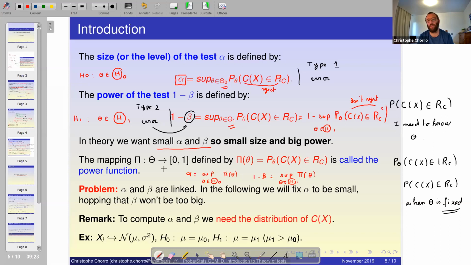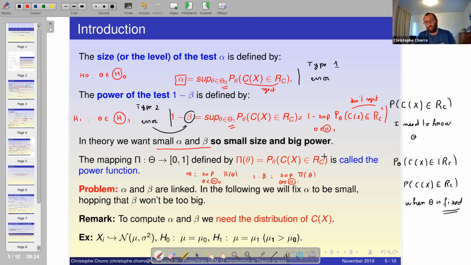Just a remark. So here you have more or less the theory of what we call test theory. That is, from a statistic, I build a critical region in order to reject or not my hypothesis of interest, that is H0. But if I want to do this concretely, I have to compute the power function, because I want to compute these probabilities in order to be able to fix my critical region and so on.